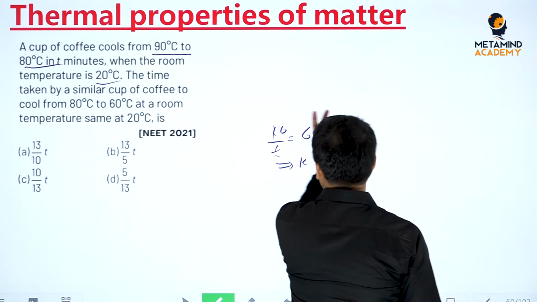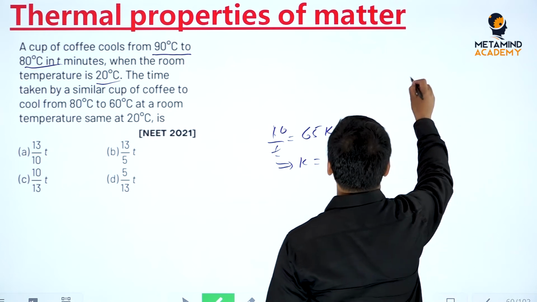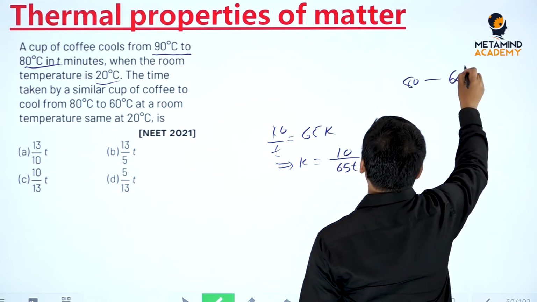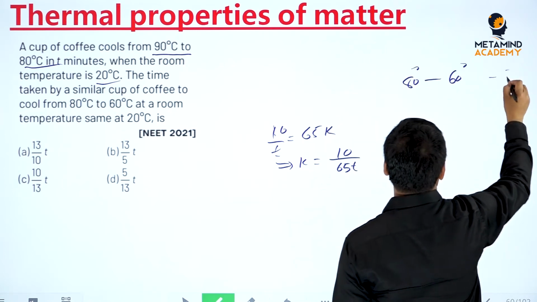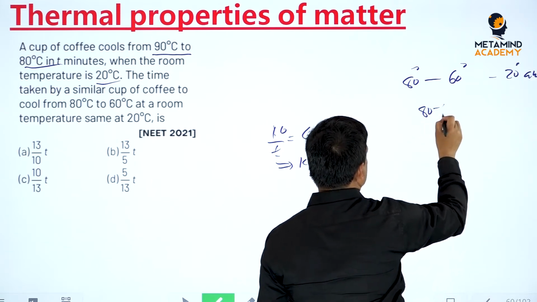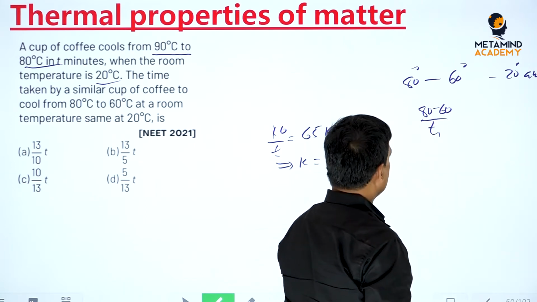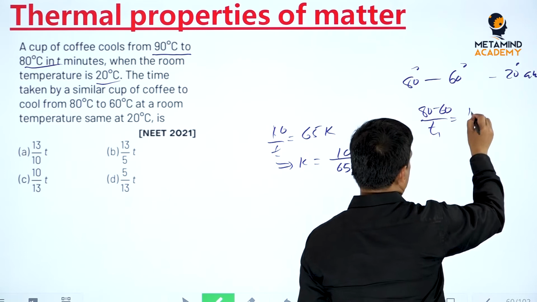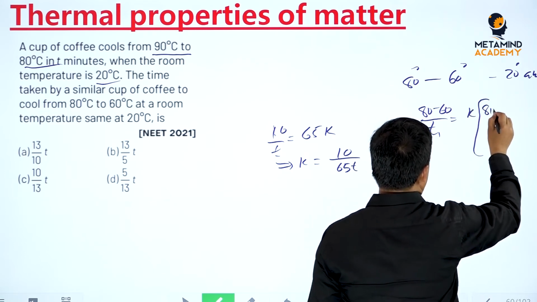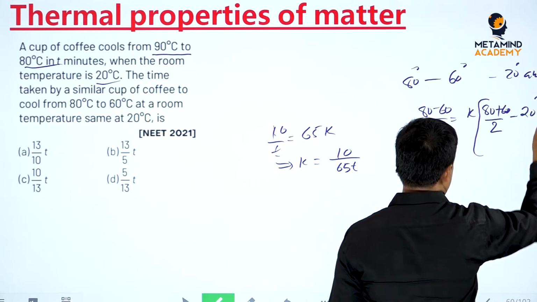So, we go to the second case. What is the second case? The time taken is T1. Now, it is cooling from 80 to 60 degree, and ambient is still 20 degree. So, we say 80 minus 60 by T1, we do not know the time, is equal to K times (80 plus 60 by 2 minus 20), same formula.